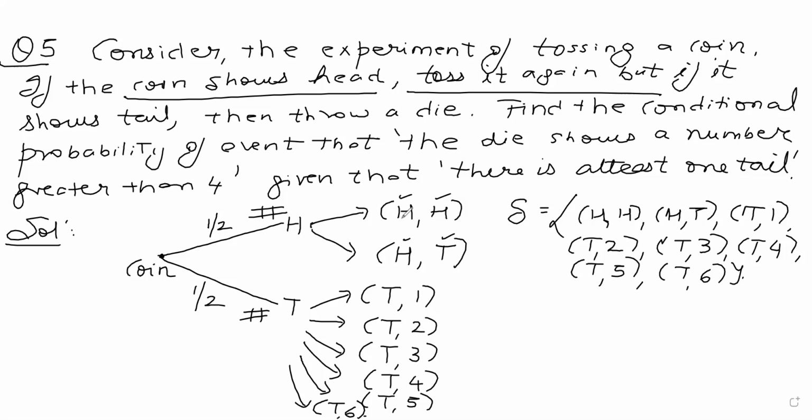So half is the probability of getting the first head, and the second head comes again with probability half. So my answer is 1/4. Similarly, first head probability is half, and getting a tail on the second throw is again half, which is 1/4.